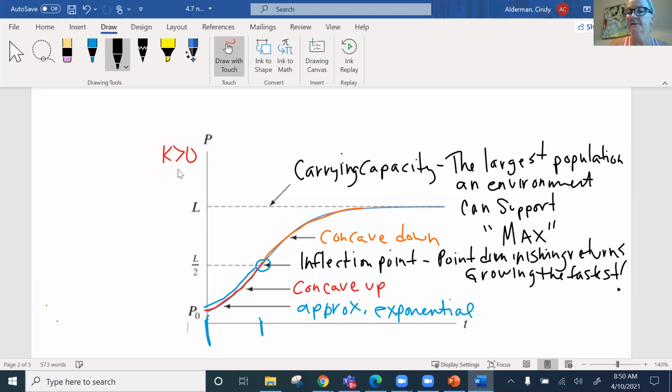Growing the fastest at the inflection point, the point of diminishing returns, because then it slows down after that, but it reaches its capacity for how fast it's growing at the inflection point.